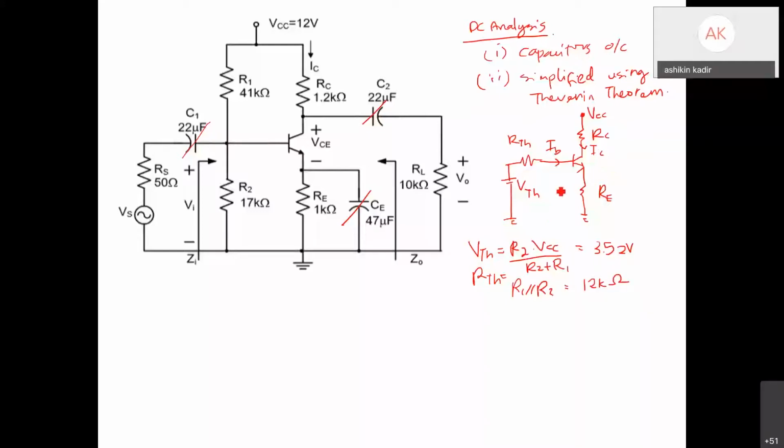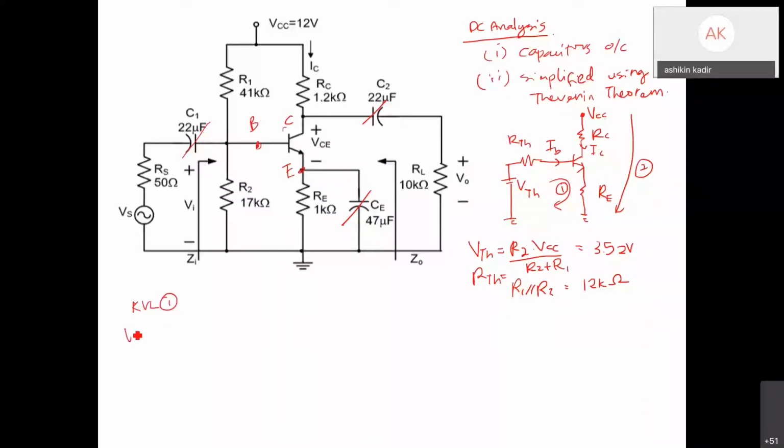Now you can determine your current. We can use KVL1 or KVL2. Here the easiest is KVL1, through VBE. So KVL1, I write it over here.